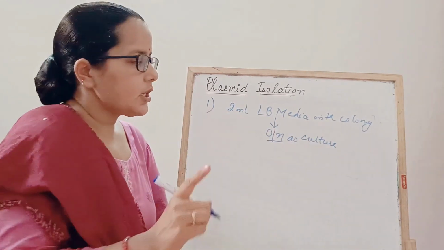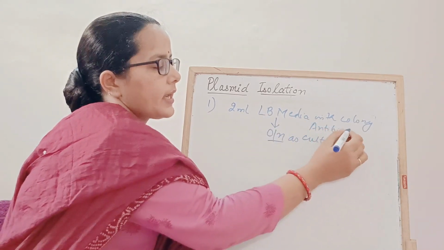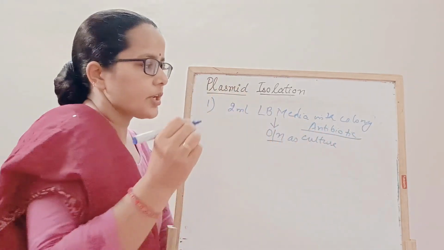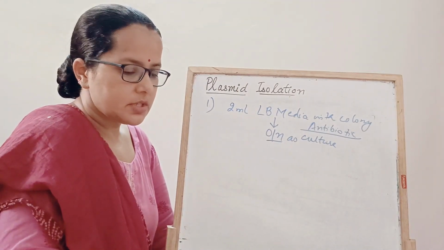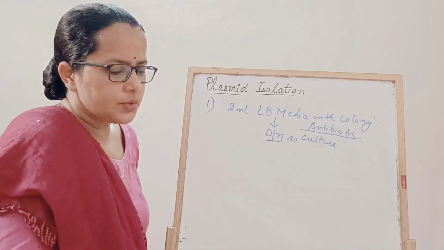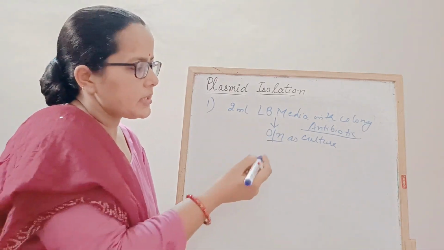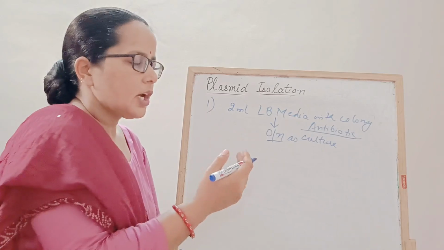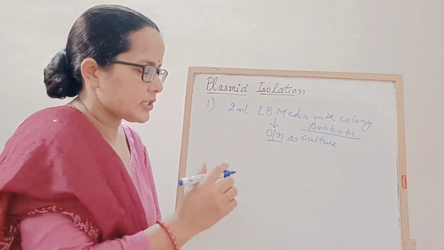And remember one thing, you need to add an antibiotic. While you are culturing, add the proper antibiotic solution to the media and let it grow on the shaker overnight.